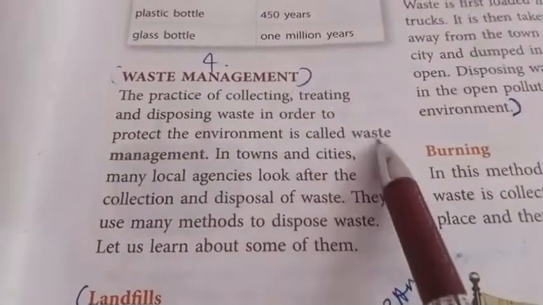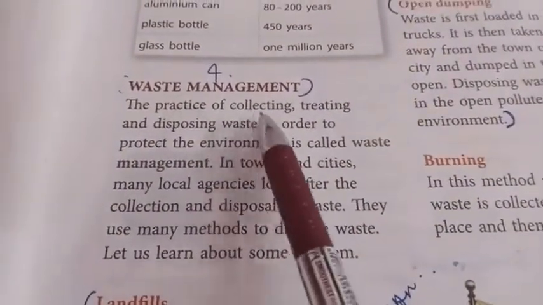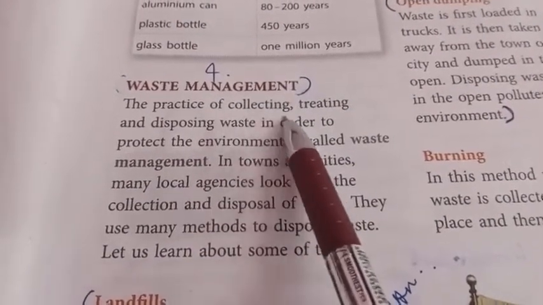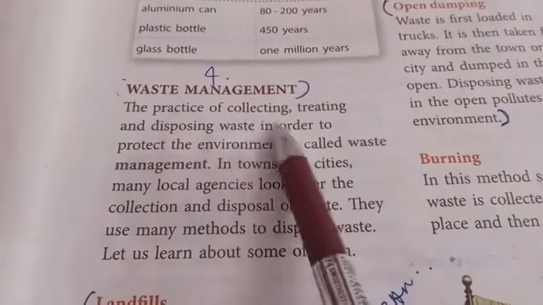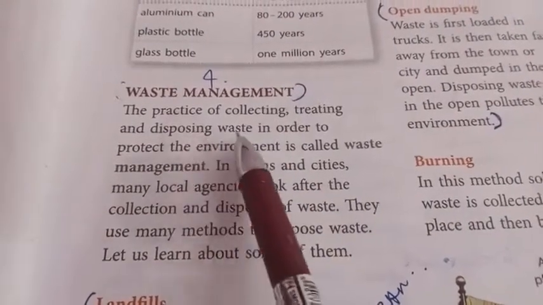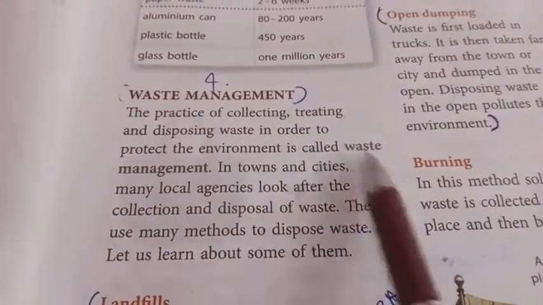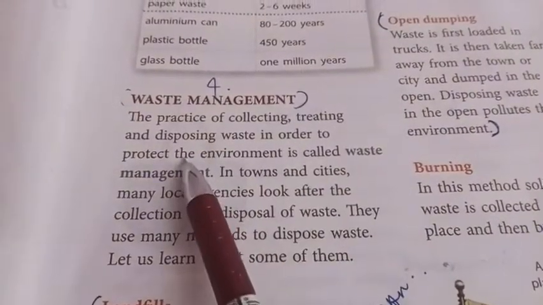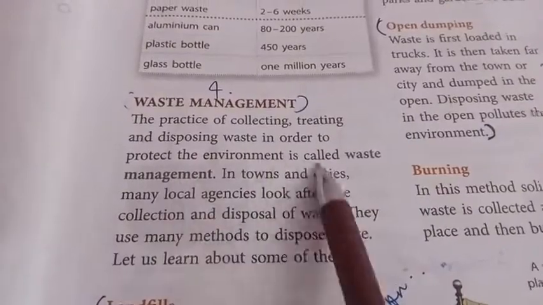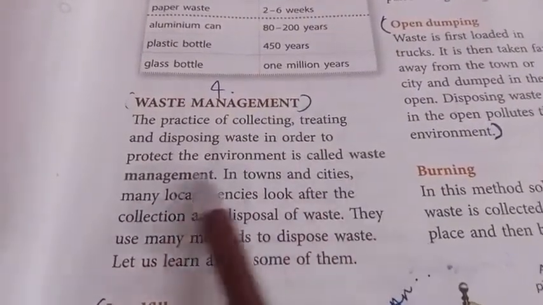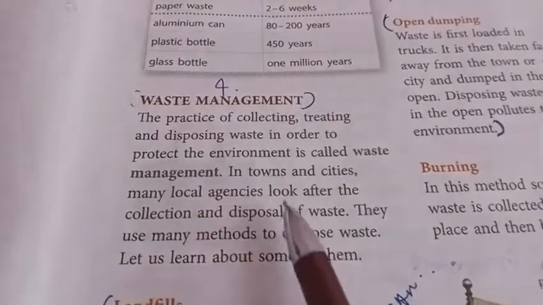See, the corporation people will come and collect, and then they segregate the materials that decompose and those which do not decompose easily; biodegradable and non-biodegradable waste they collect separately. That is called waste management to protect our environment.